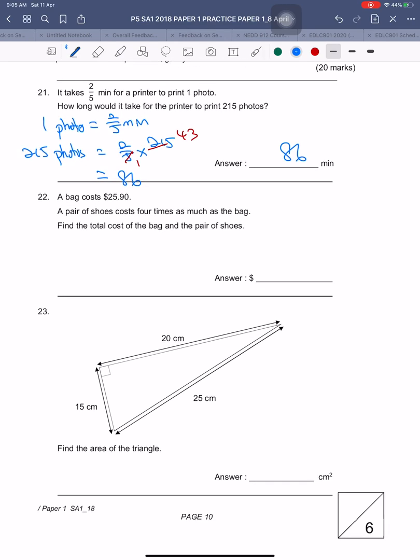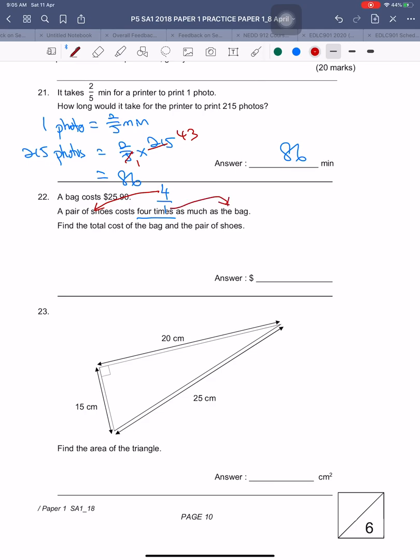Question 22. A bag costs $25.90. A pair of shoes cost 4 times as much as the bag. So like what I told you, the 4 will go to the shoes, the 1 will go to the bag.